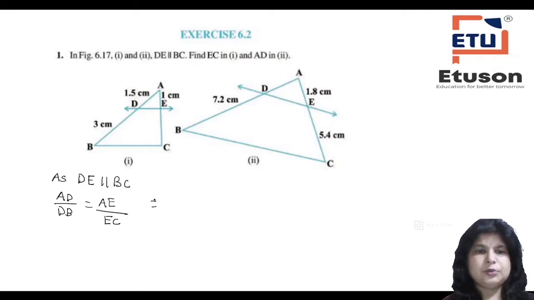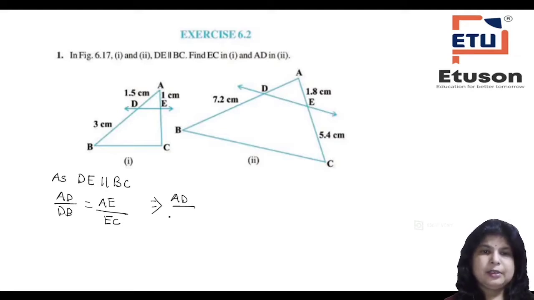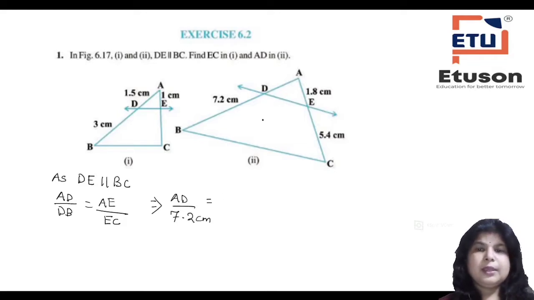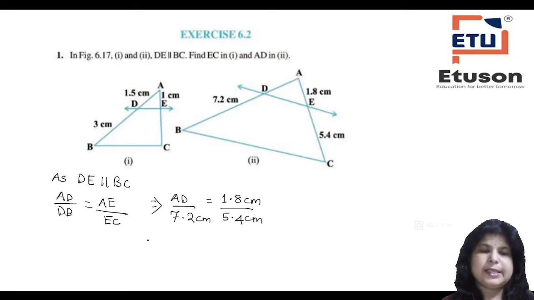Let us substitute the corresponding values. So AD we don't know, we need to calculate. DB is given from the figure, that is 7.2 centimeter. AE is equal to 1.8 centimeter and EC is equal to 5.4 centimeter.